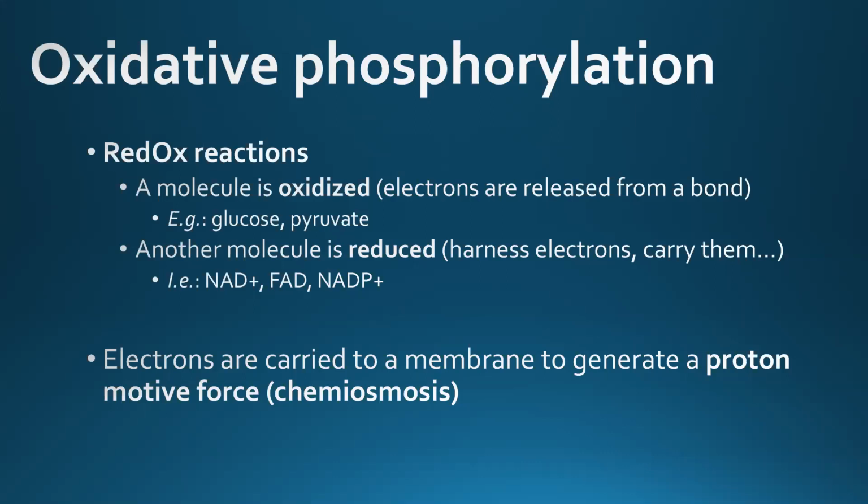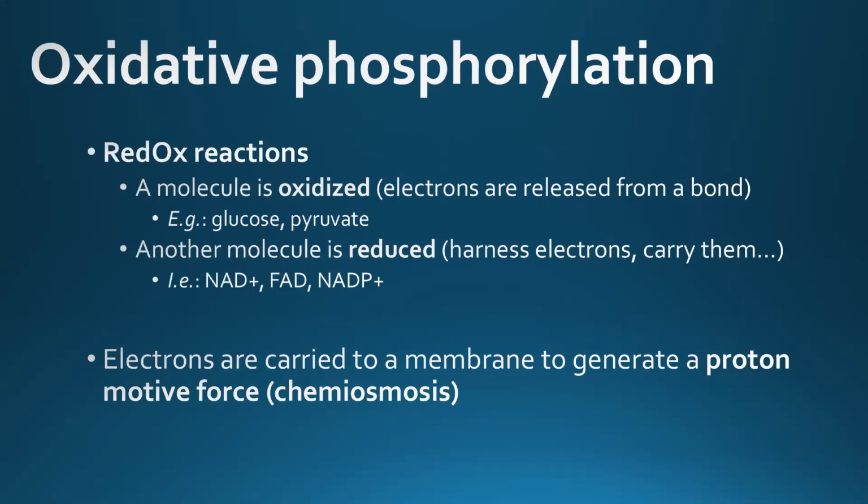So something's going to pick up those electrons, and they are usually the electron carriers, the NAD plus, the FAD plus, the NADP plus, which we're going to be talking about. And what you're doing is the electrons that are being generated and released, you're also going to be releasing protons with it, and the protons are going to move via a proton motive force because you're going to create a gradient, and the protons are going to want to cross the membrane.